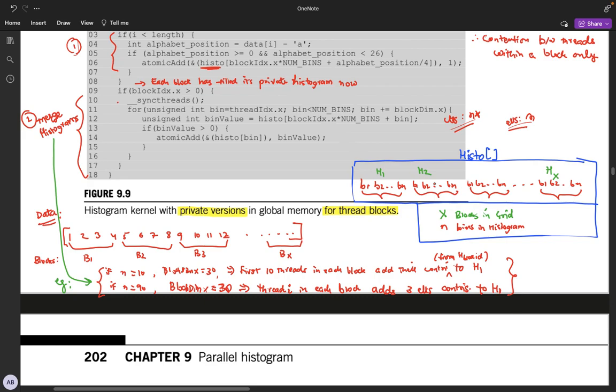And if there are 90 bins and the block dimension is 30, then each thread adds the contribution of three elements to h1. So this is similar to thread coarsening, where each thread does three times the computation.